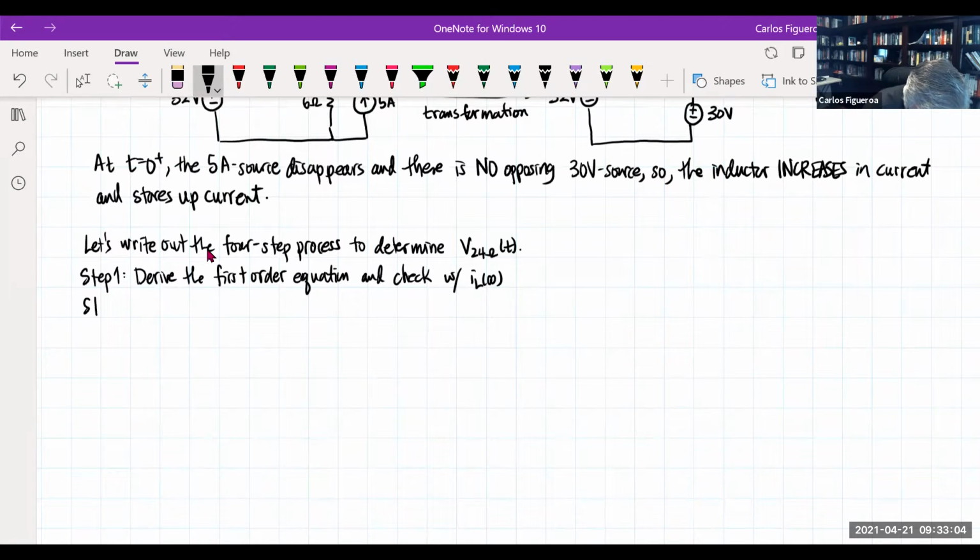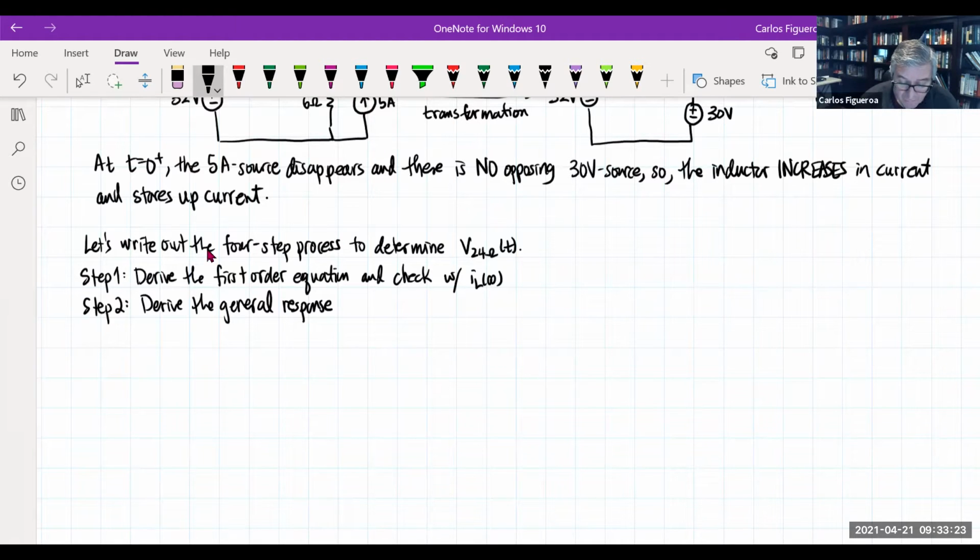Then the next step that we want to do is derive the general response. And remember, when I say the general response, that means we write it with the constants.